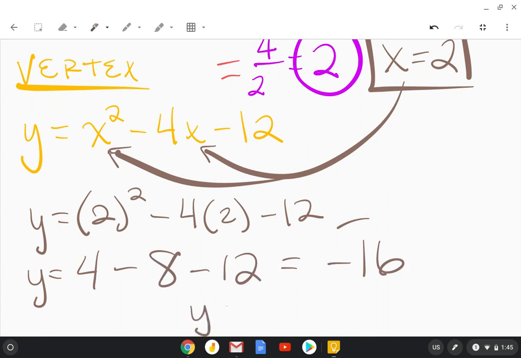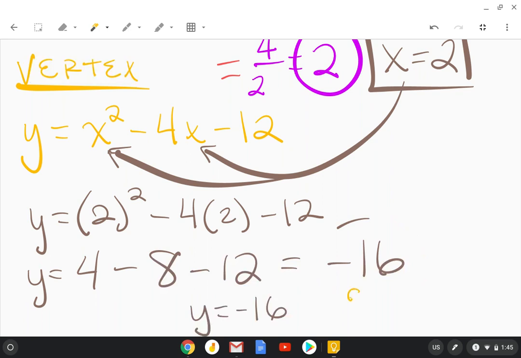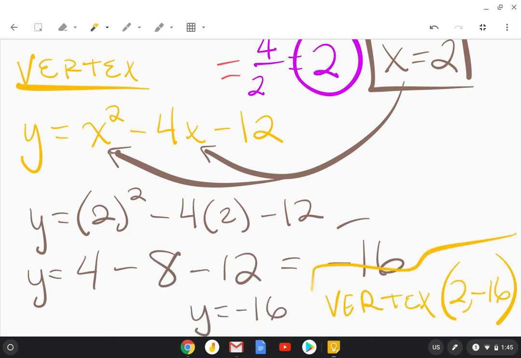So y equals negative 16, which means that our vertex is 2, negative 16. So that is the vertex. Again, the 2 comes from this x up here, and this negative 16 comes from this down here.